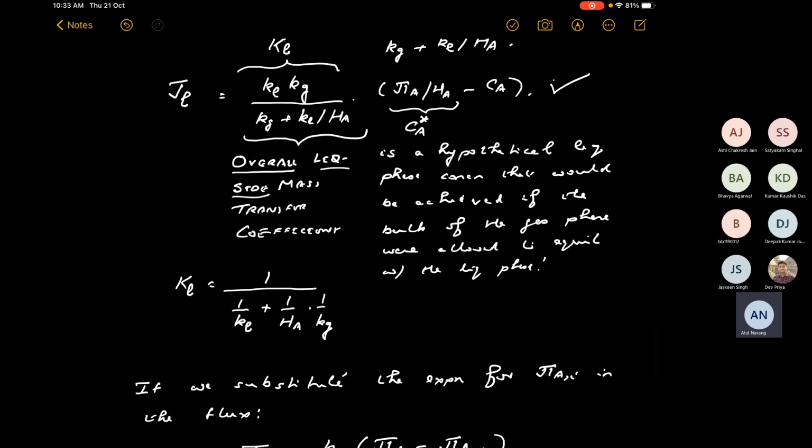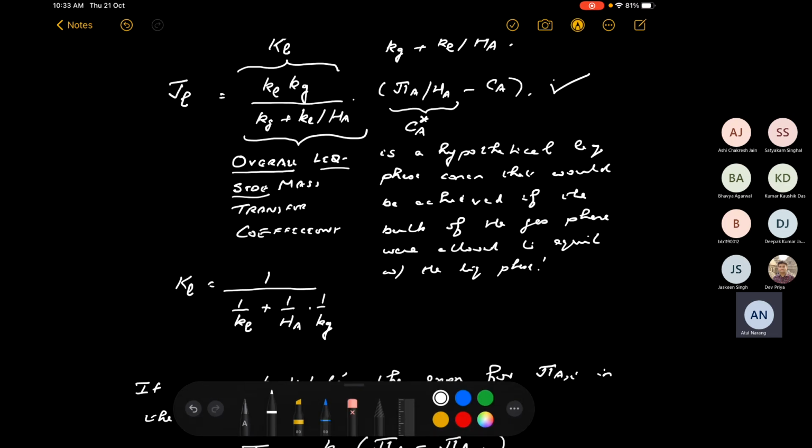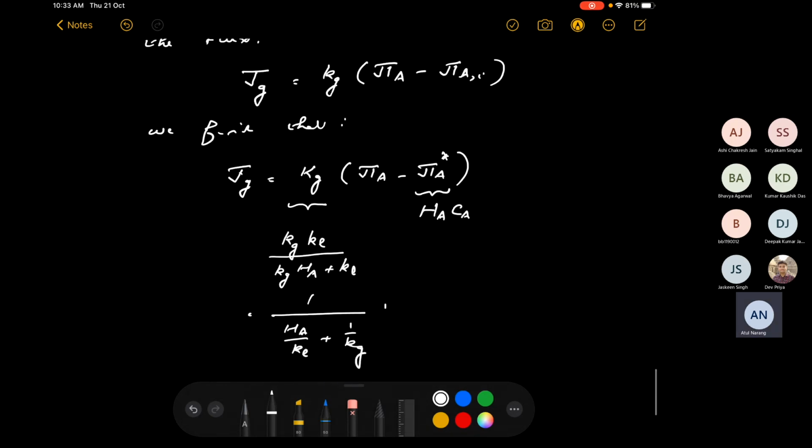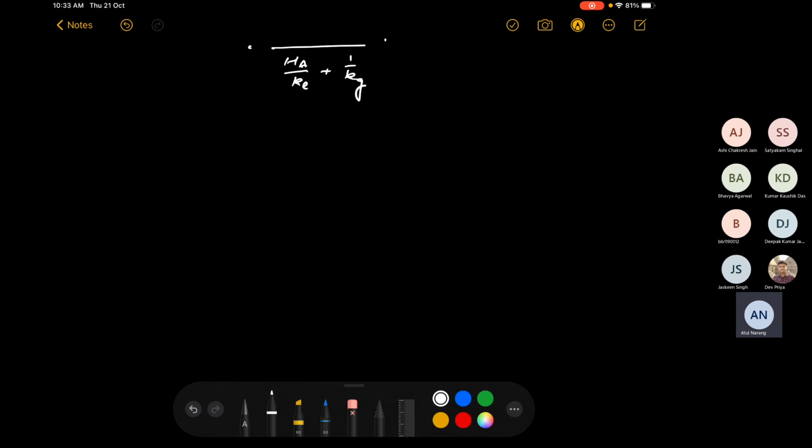Suppose HA is very large. First I'll do it mathematically and then I will explain physically. Then it means that this quantity can be neglected. So let's consider two special cases.